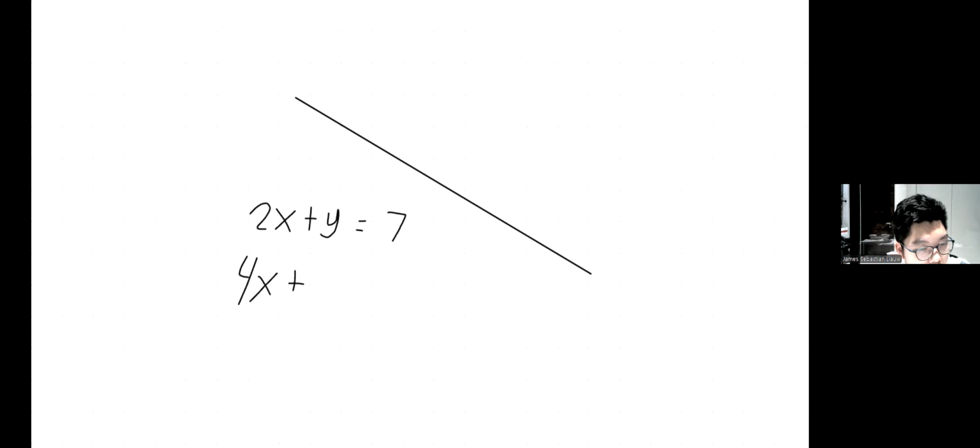Say we have something like this. Say you have these simultaneous linear equations.